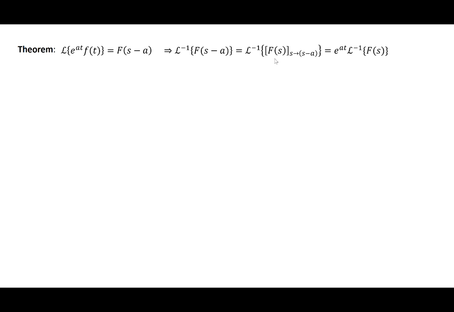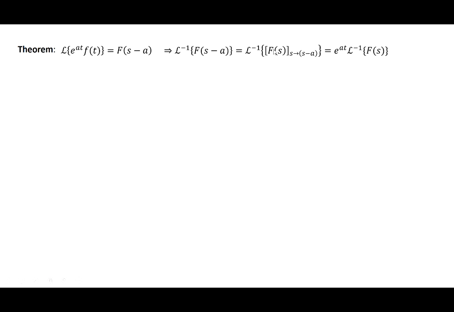Okay, so look at this one. The moment you see that you need to find the Laplace inverse of something of the form F of s minus a, figure out what F of s is to which this shift has been applied.